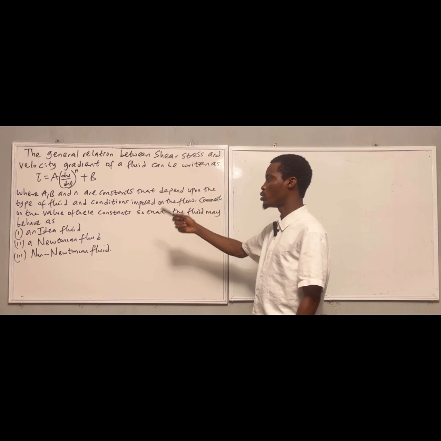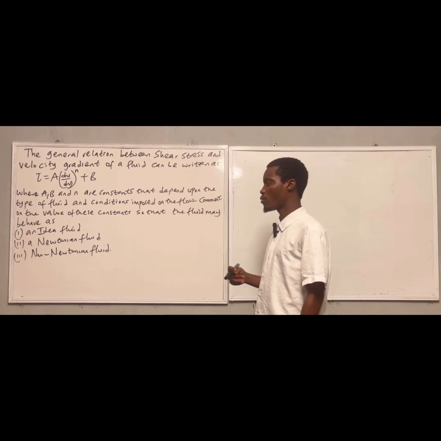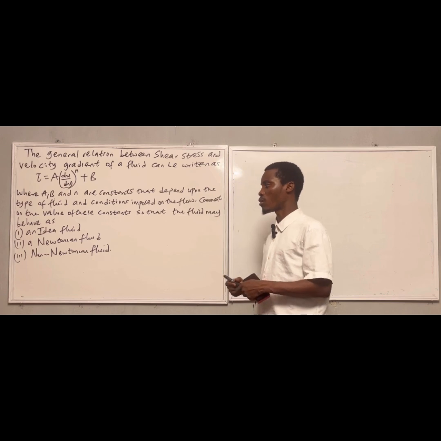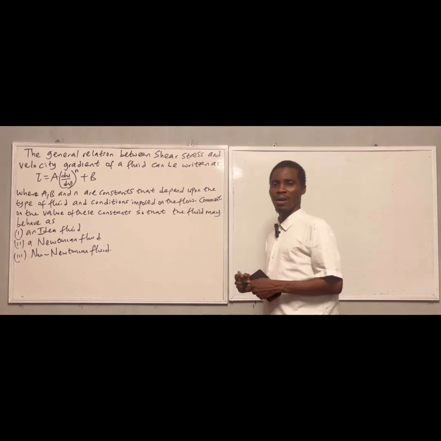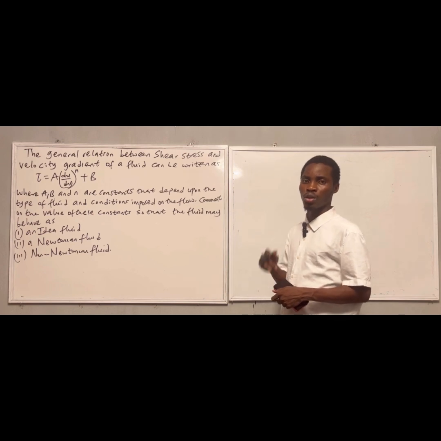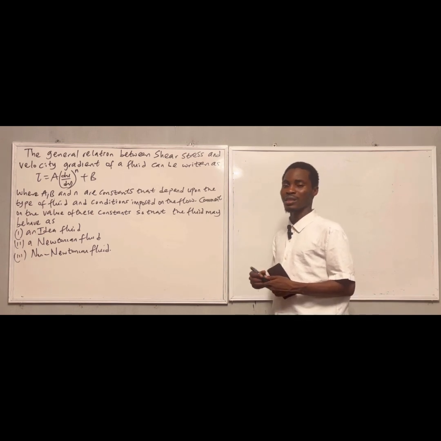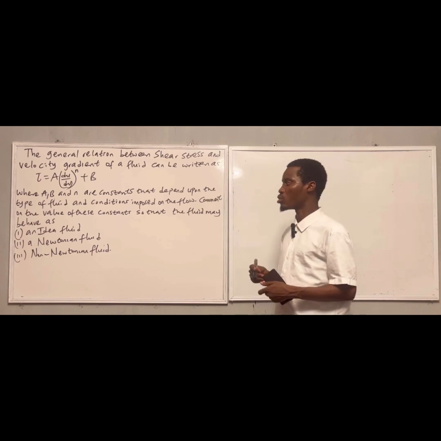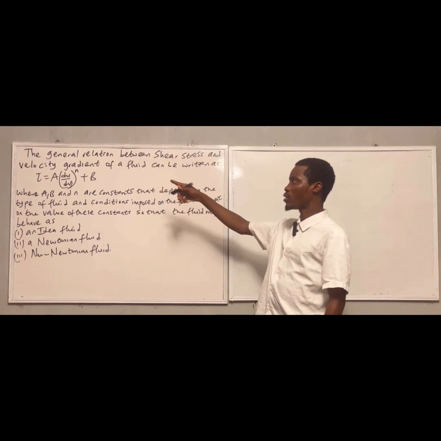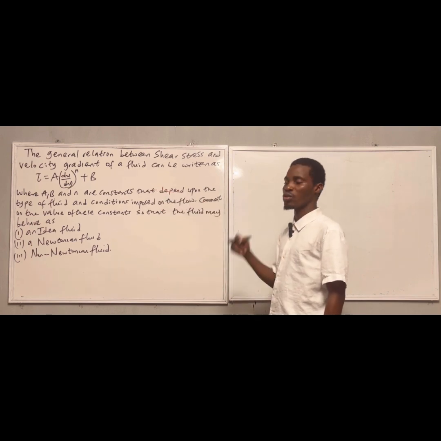How can we make the fluid behave as an ideal fluid, as a Newtonian fluid, and as a non-Newtonian fluid? Remember, an ideal fluid is a type of fluid which does not have viscosity. That is, our viscosity is zero. Our A is the constant which is our viscosity.